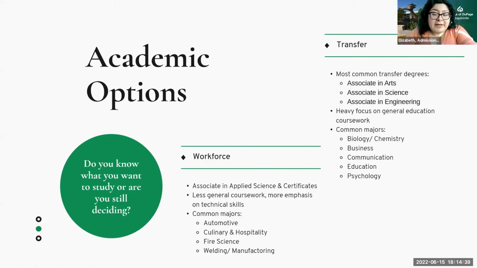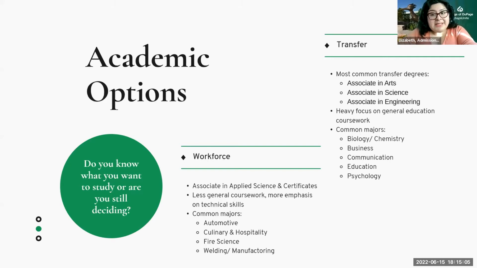And then there's a transfer option. The most common transferable degrees are the associate in arts, the associate in science, or the associate in engineering. The difference between the associate in arts and associate in science is typically that the associate of arts requires less math, less science, and has more electives, whereas the associate of science requires more math and science and has a little bit fewer electives.